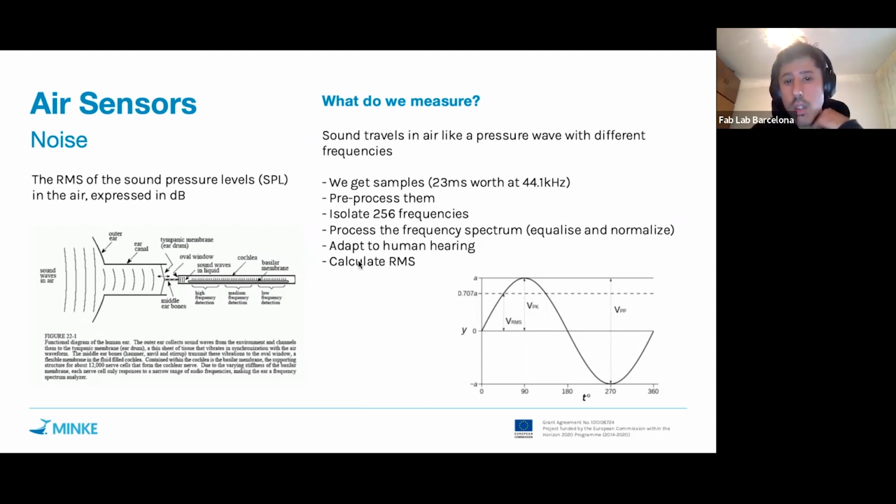And out of that final frequency spectrum, we calculate the root mean square. So basically, we calculate this value, which is roughly 0.71 of the amplitude of the effective signal that we are capturing.